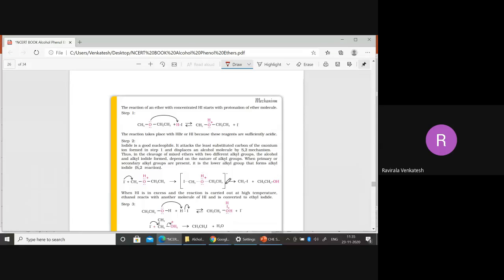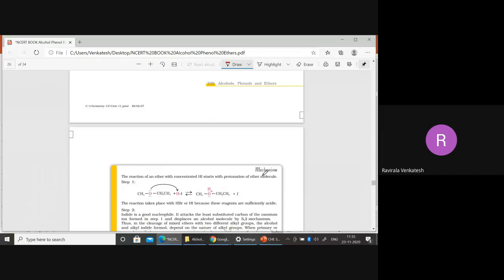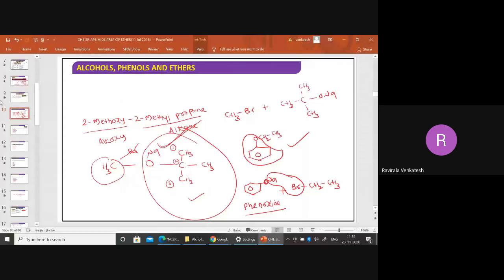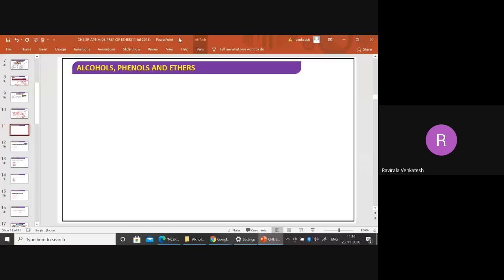This is the mechanism that is given. I will explain by taking a slide. Now if it is an unsymmetrical ether like this, CH3OCH2CH3, I have taken only 1 mole of HI. If I take 2 moles of HI, no problem.